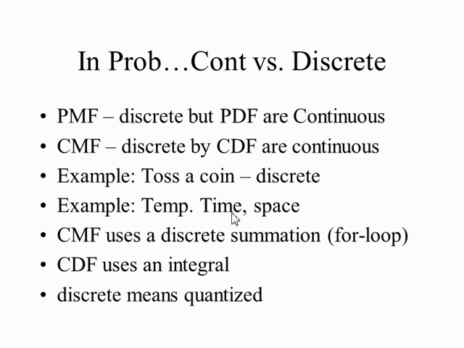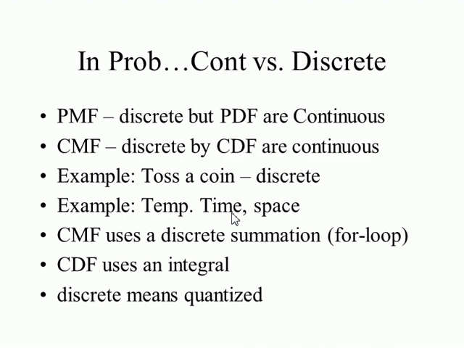The cumulative distribution function, or cumulative density function? Yeah, I call it distribution. Maybe it is density. I've always called it distribution. Yeah, it is distribution. The cumulative distribution function is continuous, and the cumulative mass function is discrete.